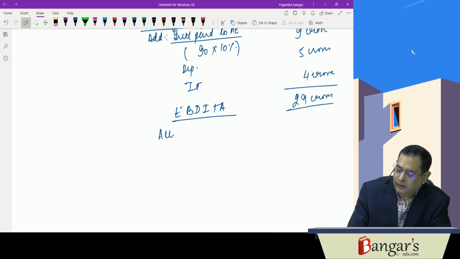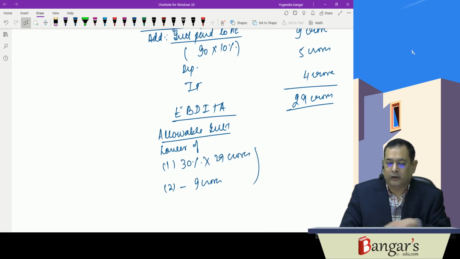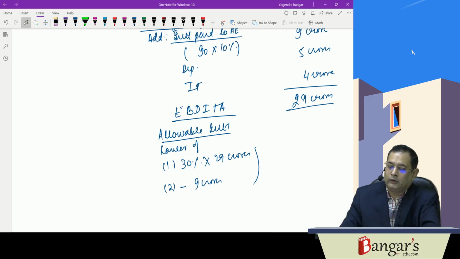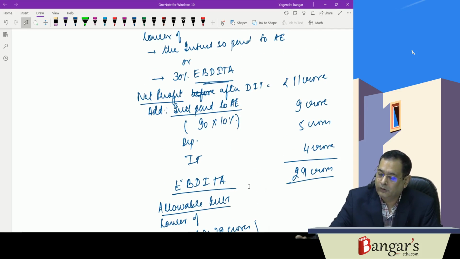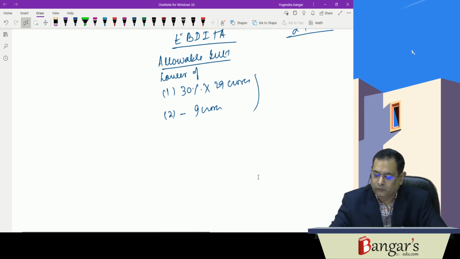So the allowable interest will be the lower of: number one, 30% of 29 crores, or number two, the interest so paid, 9 crores. 30% of 29 crores is 8.70 crores.